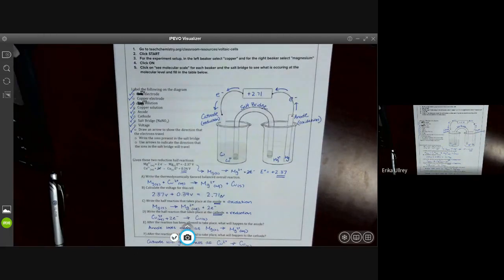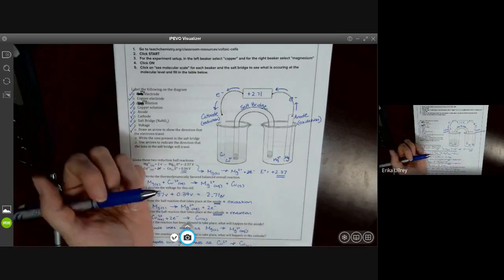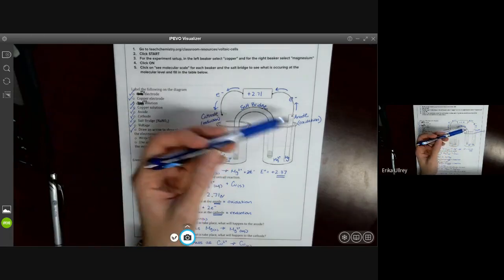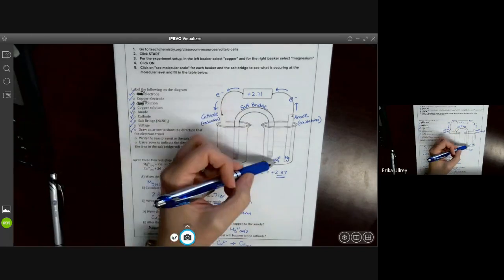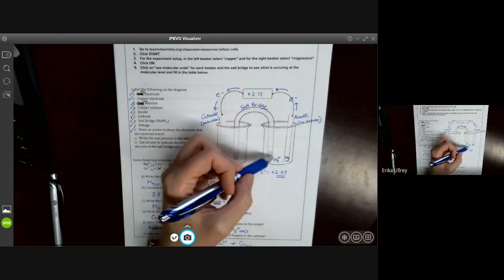So what's going to happen with this is that at the anode, right, we're going to be oxidizing. So magnesium is going to become magnesium 2+ over here. So we're going to start to get a buildup of positive ions.